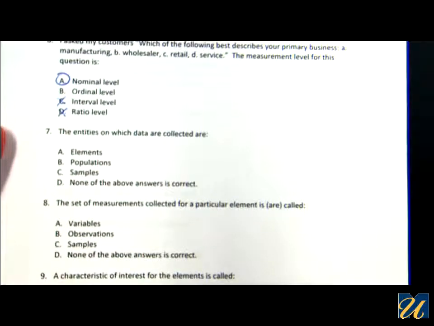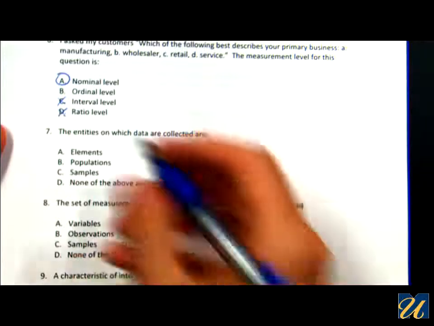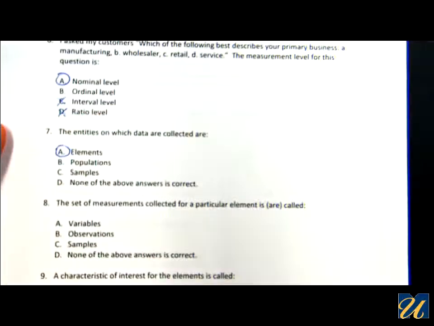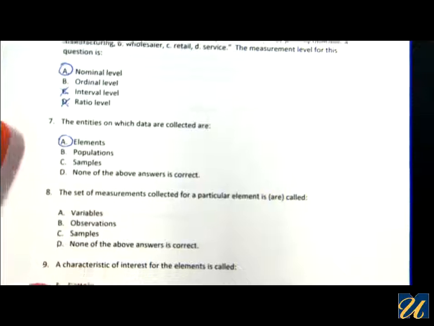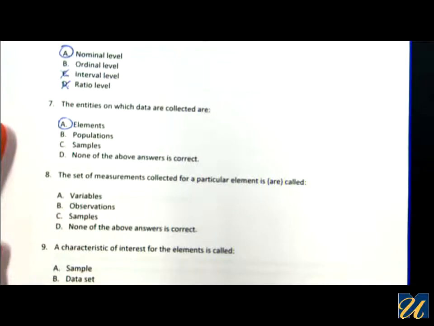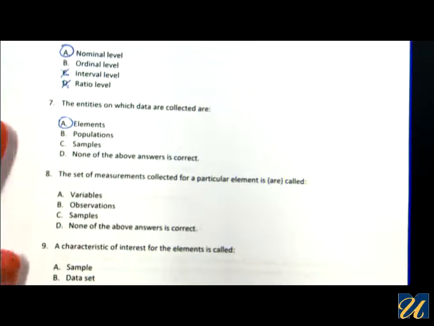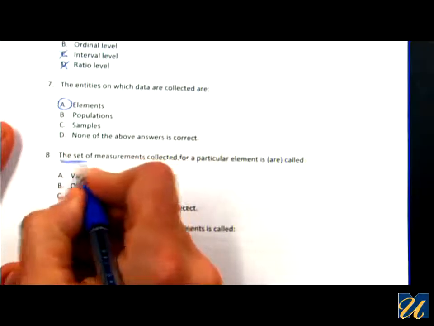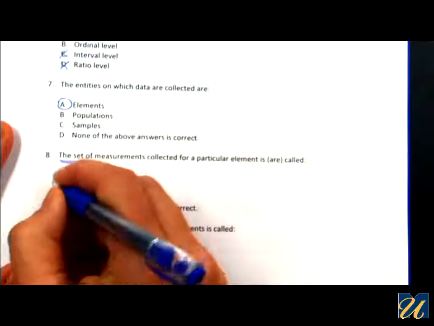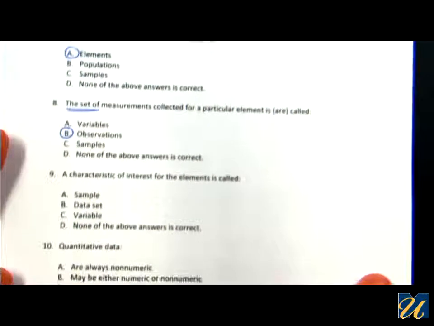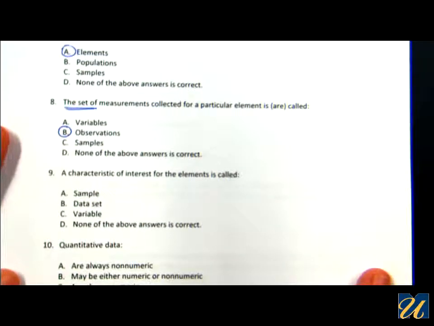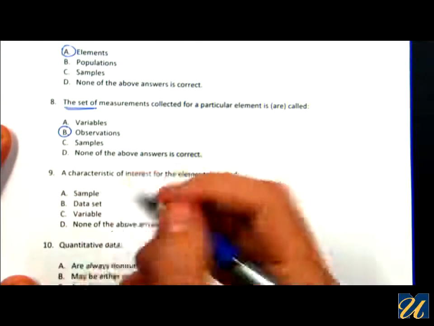The entities on which data are collected are elements. This is the definition of elements. The set of measurements collected for a particular element are called the observations. The set, this is a key word, of measurements, so these are your observations. A characteristic of interest for the elements is called the variable.